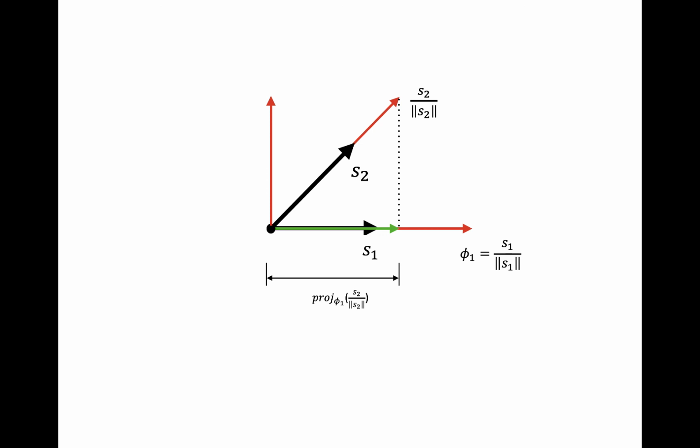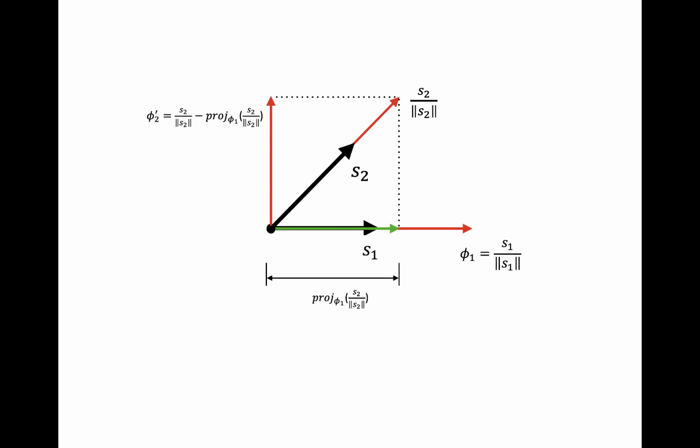Now I define a vector which is basically the difference of this S2 divided by the norm of S2 and the projection of the same on the phi 1 axis. So basically I get phi 2 dash.